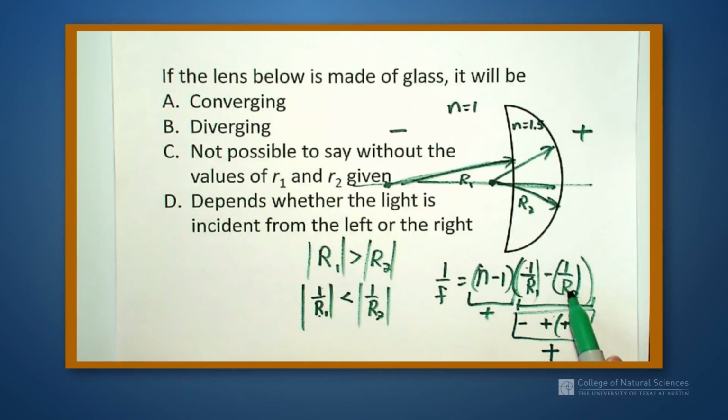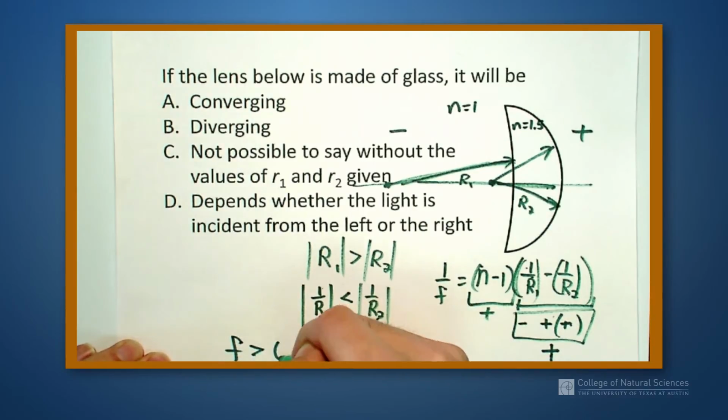Minus 1 over R2 is going to dominate this term over the minus 1 over R1, the 1 over the radius of curvature. So what that means is that this focal length has a positive value. 1 over the focal length is positive, so the focal length is going to be positive. Long story short, the focal length is greater than 0.